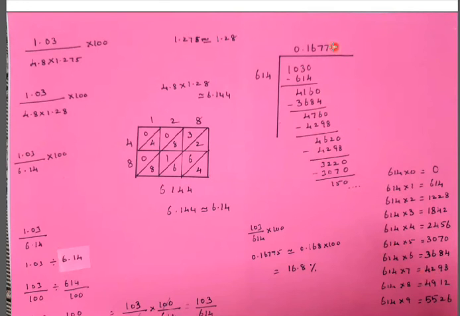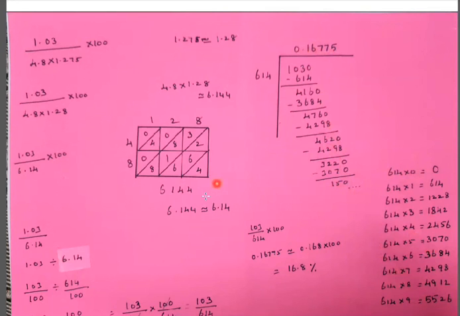So again put a 7 here and subtract 4298. We are getting 322. Added 0, 3220. Less than that is 3070, and put a 5 here, and so on. At least 4 or 5 digits of the values is just enough.